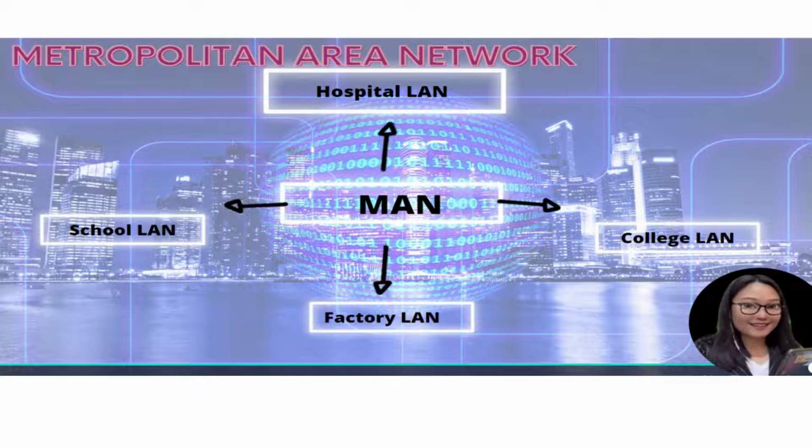It has a high-speed connection, such as a fiber optic cable, and also a high-speed network that gives the ability for sharing data and resources within a city. So that's typically for a city, a metropolitan area. Just like Metro Manila, that's a metropolitan area.